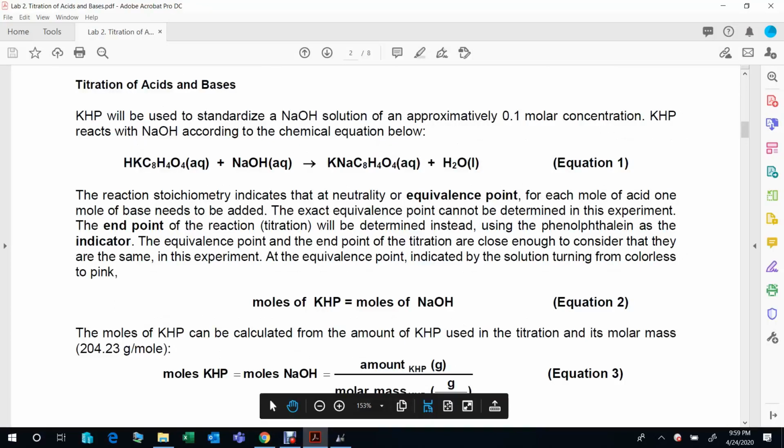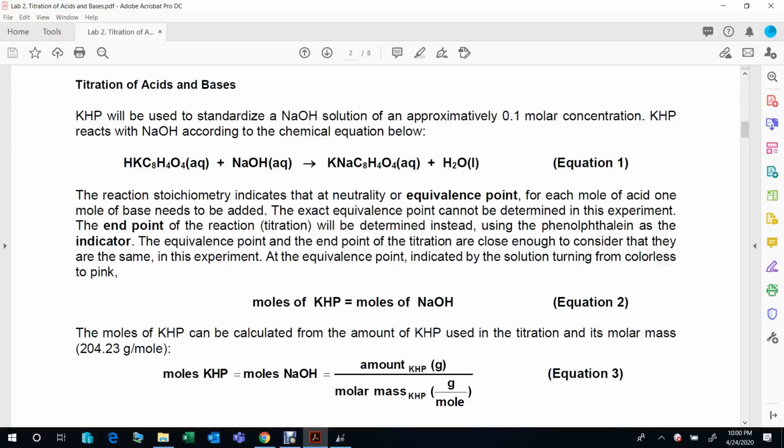This KHP, I mean, is an abbreviated name. KHP represents this compound. Yeah, here's the KHP.